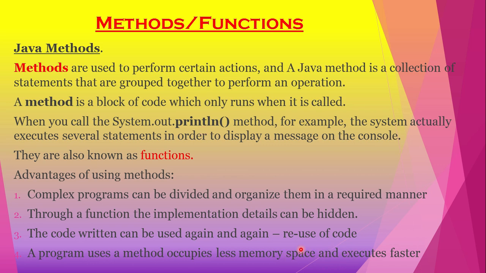So once you write the code, you reuse it again and again. Also, a program that uses methods occupies less memory space and executes faster. When you write a program with the concept of methods, that program occupies less memory and it will run very fast.